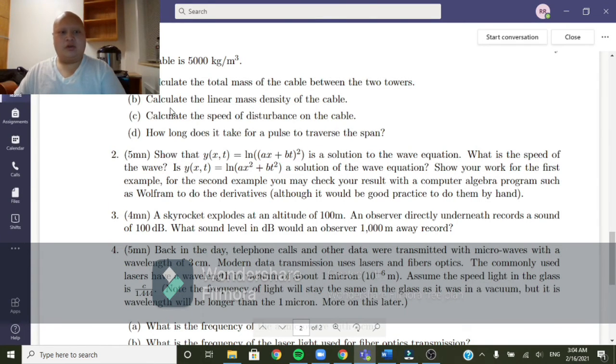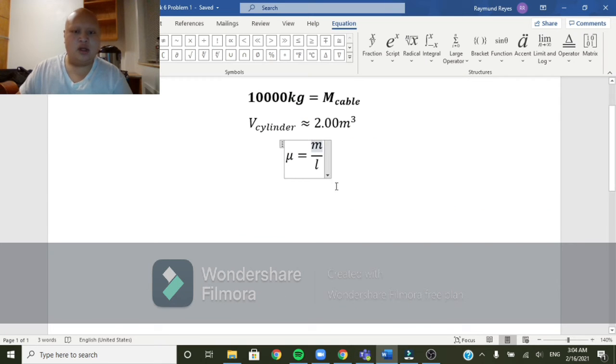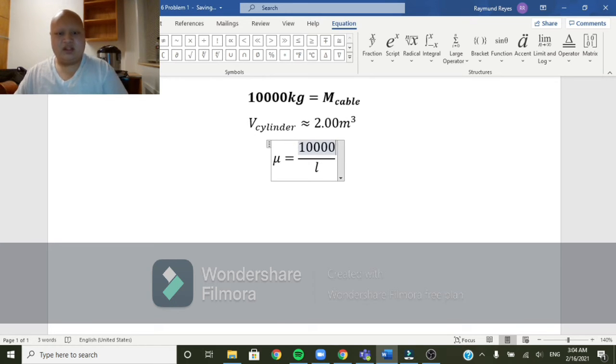So for part B, we are calculating the linear mass density of the cable, represented by mu here. We need the answer for part A to get the answer for part B, since we already calculated the mass of the cable, which is 10,000 kilograms, and we are already given the length, L equals 2,831 meters.